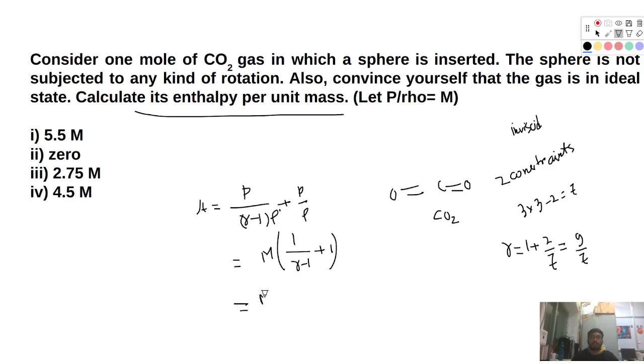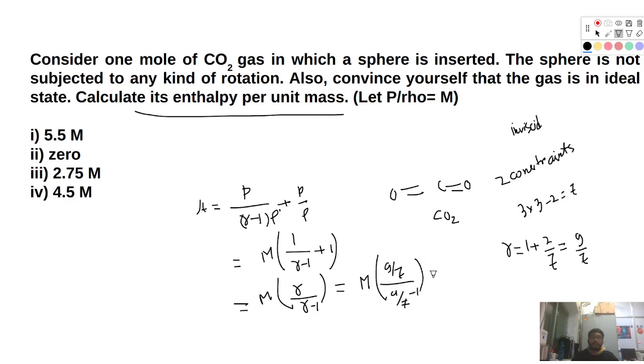So you have m gamma minus 1 plus 1. So this is gamma by gamma minus 1. Now if we put this 9 by 7 here, you have 9 by 7 by 9 by 7 minus 1.